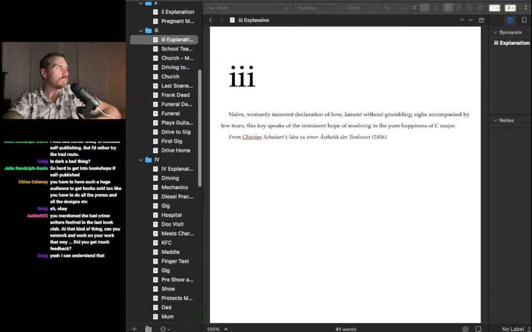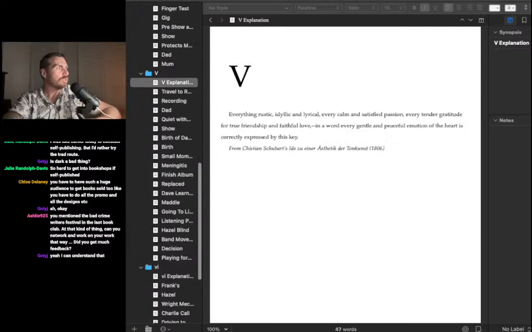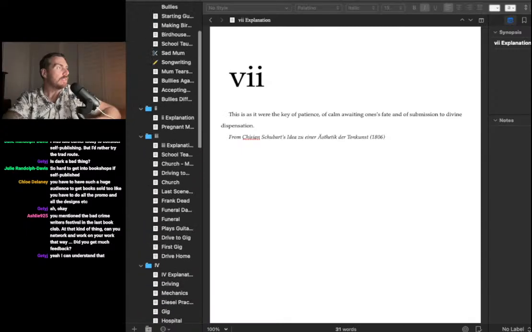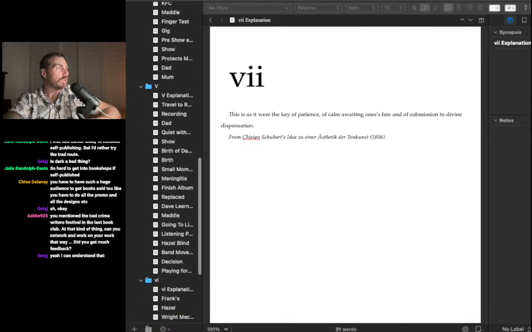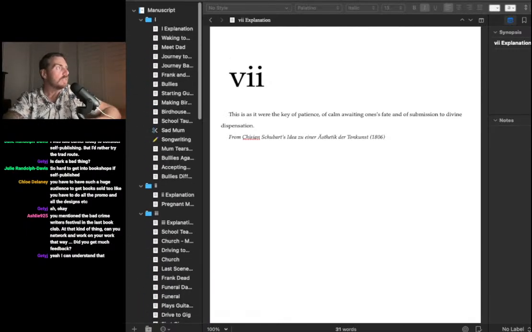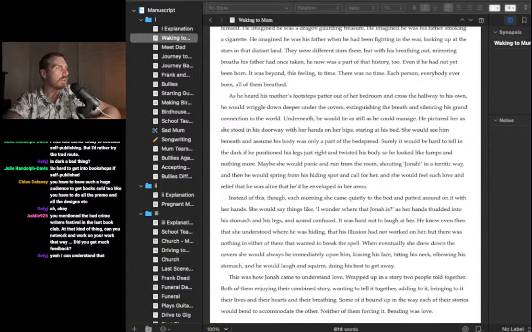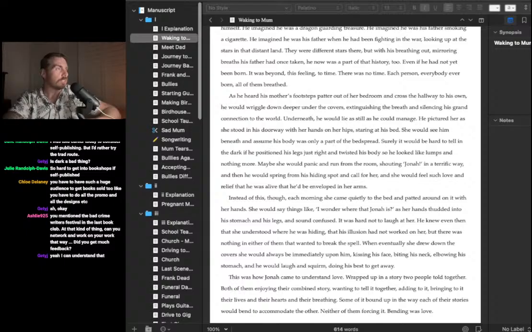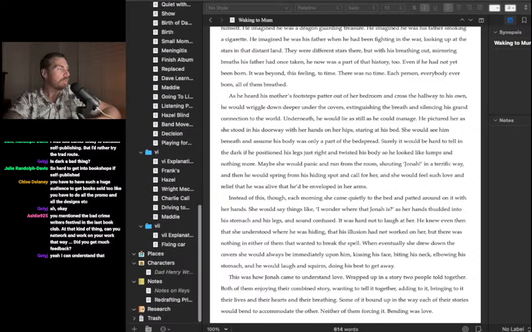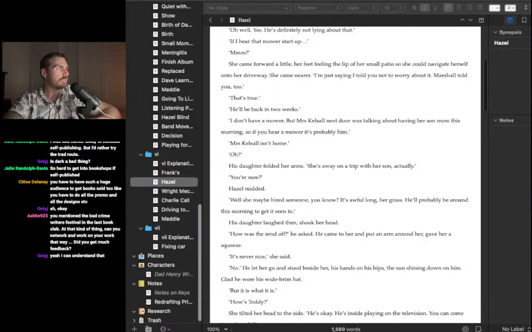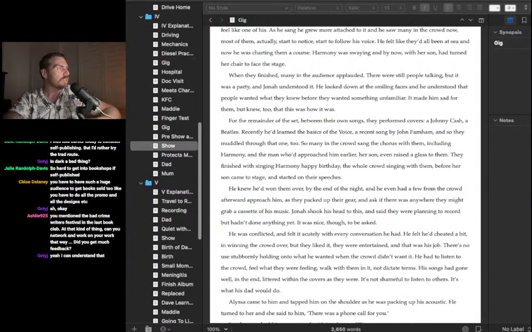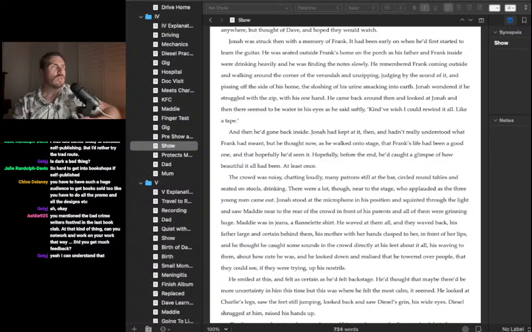So the book is structured based on the chords. The book essentially tells the whole life story of this one guy named Jonah Wright, from birth to death. It's about his journey with music and falling in love and struggling.